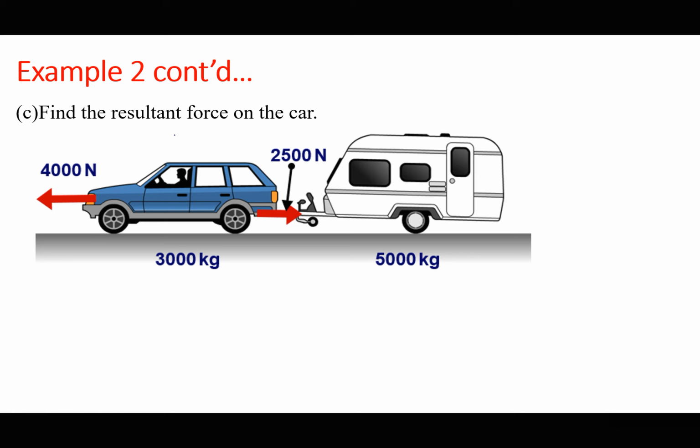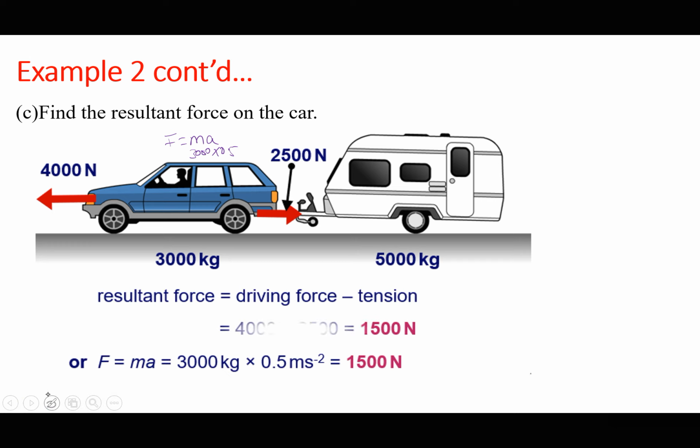Or I can multiply the mass of the car times the acceleration, which is 3,000 times 0.5. Because the tension acts in the opposite direction, trying to prevent the car from moving forward as it pulls the caravan, the resultant force on the car is the difference between the driving force and the tension.